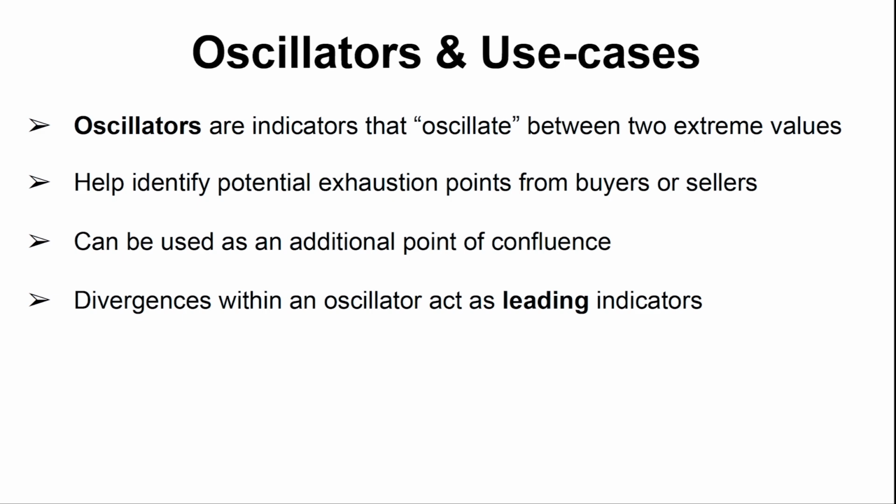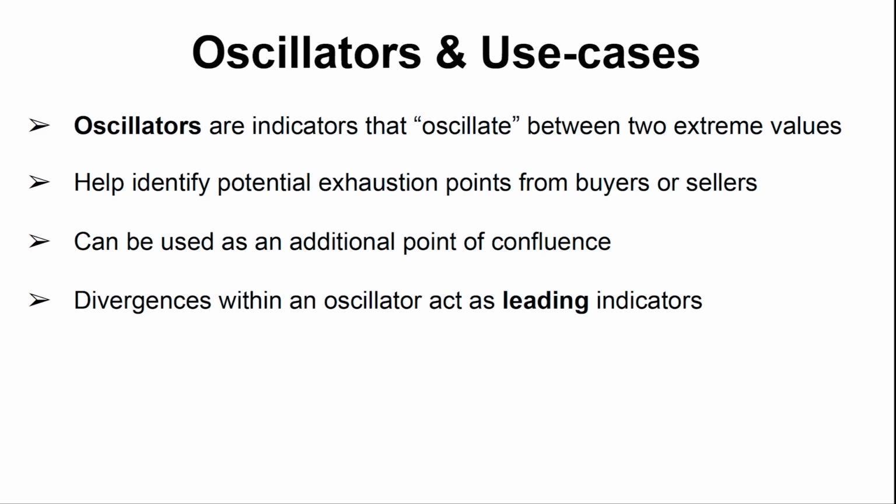Ultimately, oscillators help paint a clearer picture of that ongoing conversation between buyers and sellers. When one party gets too aggressive and hammers the market day after day, it can only go on for so long before a temporary shift in control is bound to happen. The key takeaway here should be that oscillators provide an additional point of confluence that help confirm our trading bias.